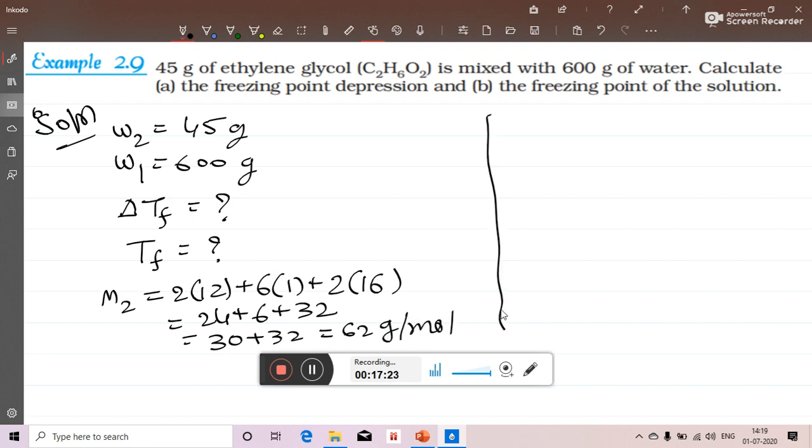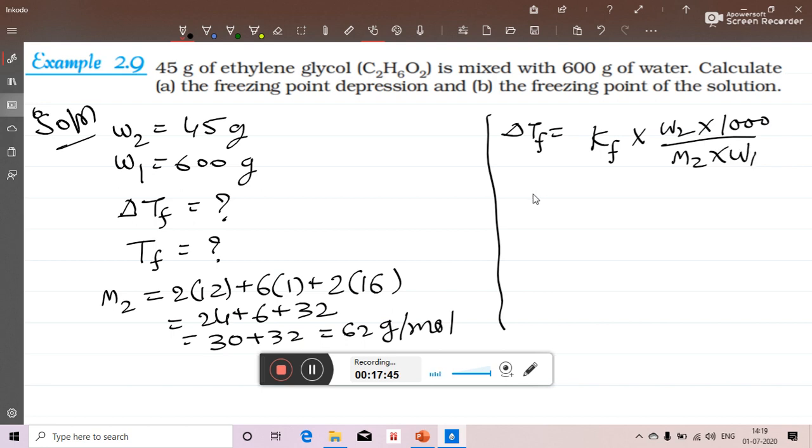Now we have to find out delta TF. So delta TF is equal to KF into W2 upon M2 into 1000 upon W1.